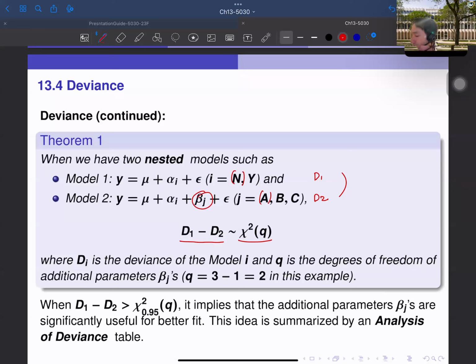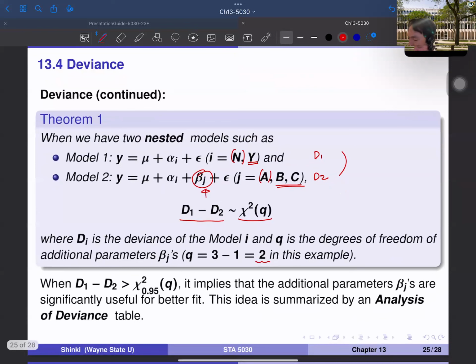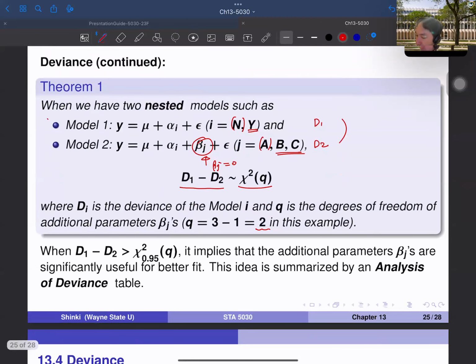So D1 minus D2 should follow a chi-square distribution with DF 2 if the true beta j is equal to 0. In this way, we can test these models. If the chi-square value is large enough, then beta j is significant.